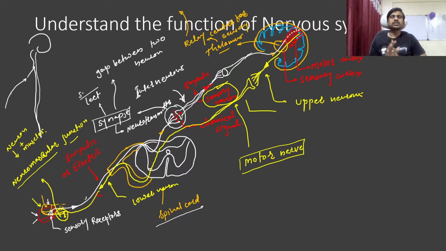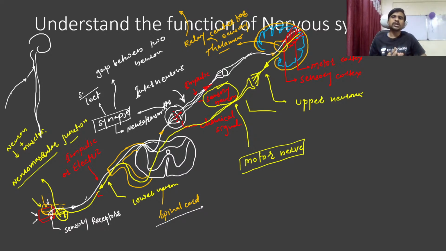So first your organs are just taking the signal from the vicinity, and the signals are moving toward your brain. So the organs send it to the brain and the brain decides what type of signal that is, and again sends it back toward the organ, so that the organ can perform some function.